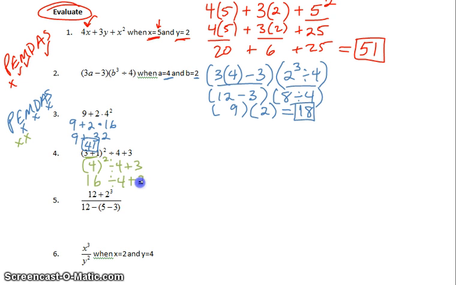Bring everything else down. I'm going to rewrite it here so I have a little bit more room. Now we move on to multiplication and division. Remember, they go together, as well as addition and subtraction, and it's whatever appears left to right. 16 divided by 4 is 4. Bring everything else down, and now we're on to addition and subtraction. 4 plus 3 is 7.